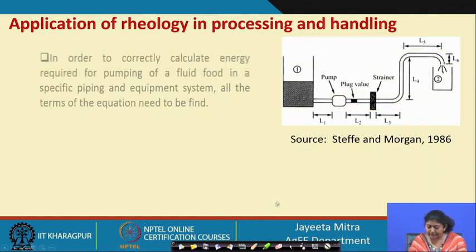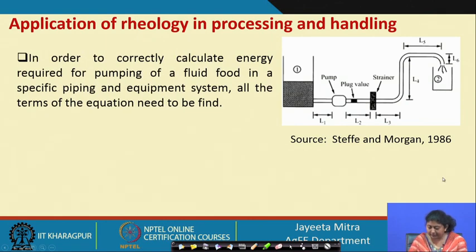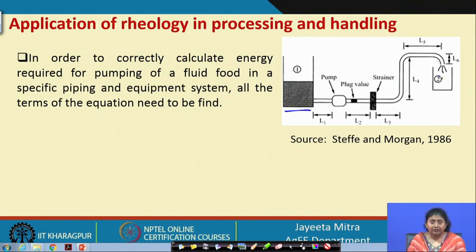So, let us see the system is like this. This has been taken from the book of Steffe and Morgan, and here this is a source from where the pump needs to pump this material to a certain height and distance in section 2. So, from section 1 to section 2, this pump is used to transfer the liquid food.